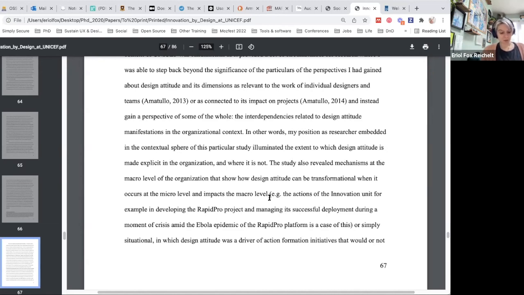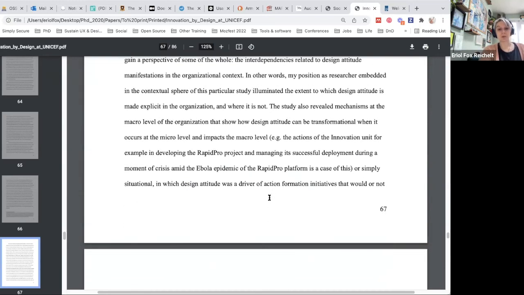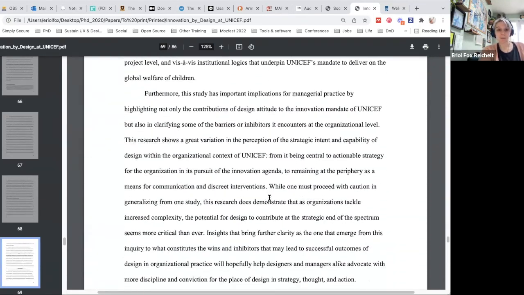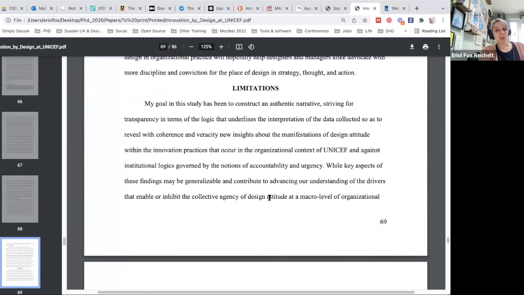As we go into the closing parts of the conclusion here, there are no other things that I've really noted as far as paying attention to what I'm looking for around the open source and design and innovation and the humanitarian aspects. The writer does talk about some limitations around innovation practices and design, and whether the findings may be generalizable.